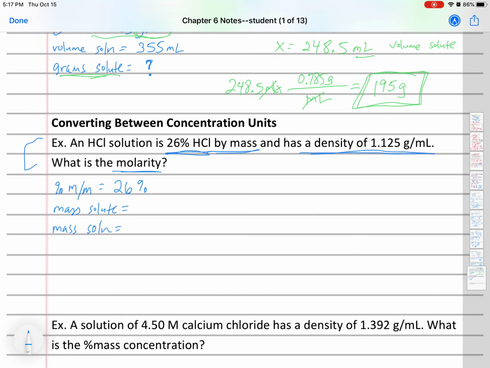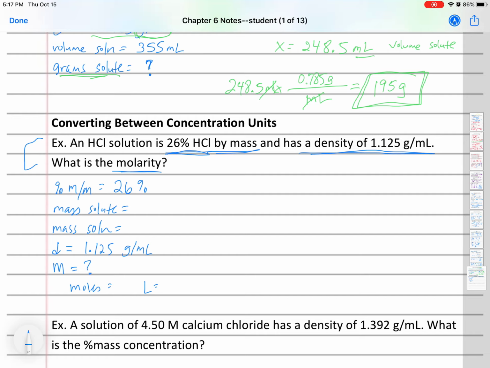Okay, I don't know what those are. They're not given in the problem. We're also given a density. The density is 1.125 grams per milliliter. And we want to know what is the molarity. In other words, we need to know how many moles per liter.